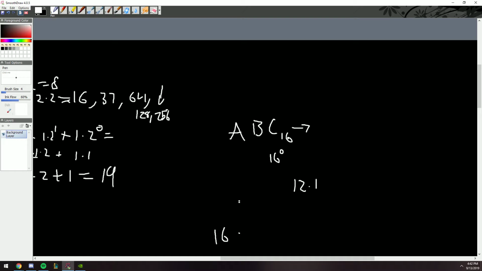So that's 12 times 16 to the 0, which is just 12. And we're going to add that with B. B is in the 16 to the 1 slot, so that's 16 times 11, plus, and then 16 squared is in the A slot, so that would be 10 times 16 squared.